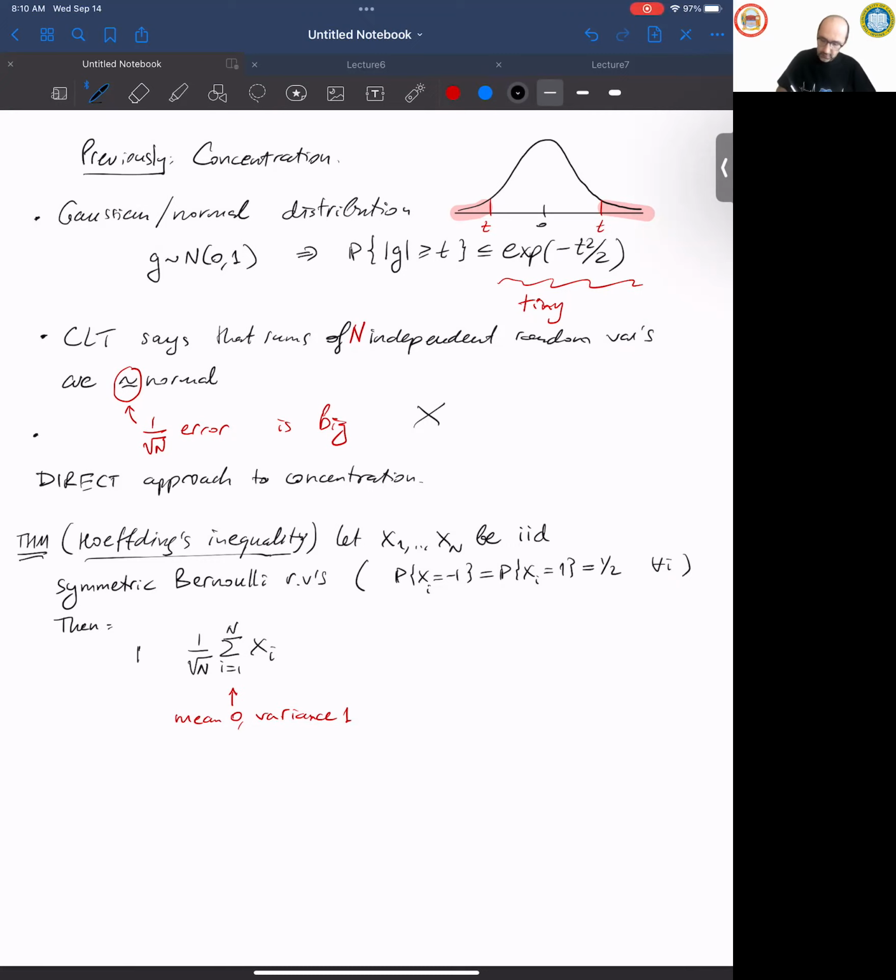All right. So we look at this tail probability. Let's do the one-sided tail first: the probability that this is greater than t. And surprisingly, we get the Gaussian tail, e to the minus t squared over 2.